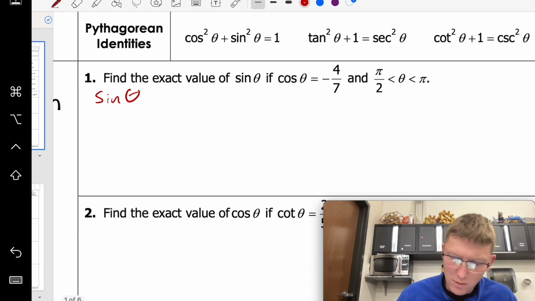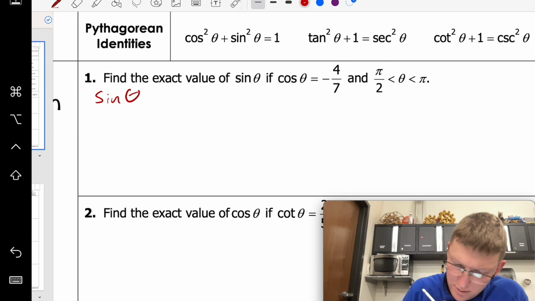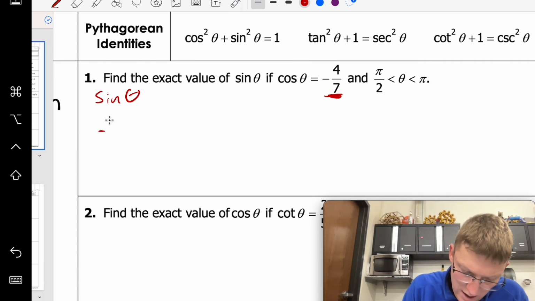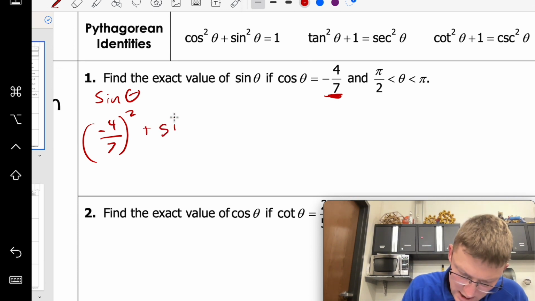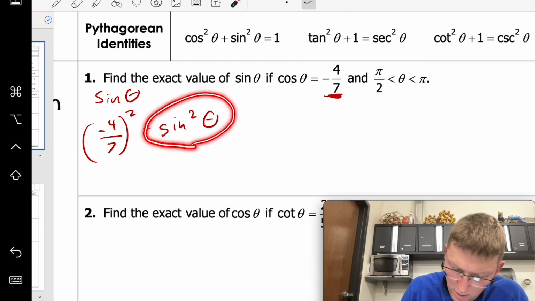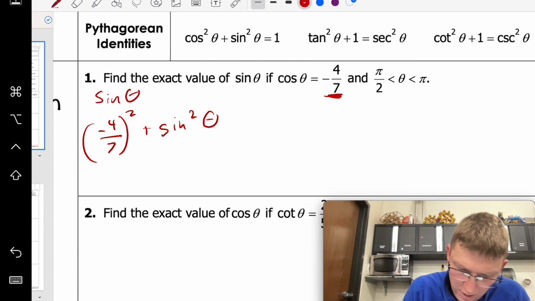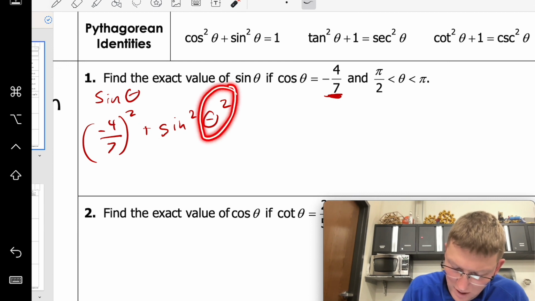So now we can write out the things that we know, the things that we don't. So we've got cosine squared of theta. We were given that that has a numerical value. So we can say (-4/7) squared plus sine squared of theta. This is just typically how we write squared. We don't normally write squared on the outside here because then it kind of insinuates that it's with this theta.